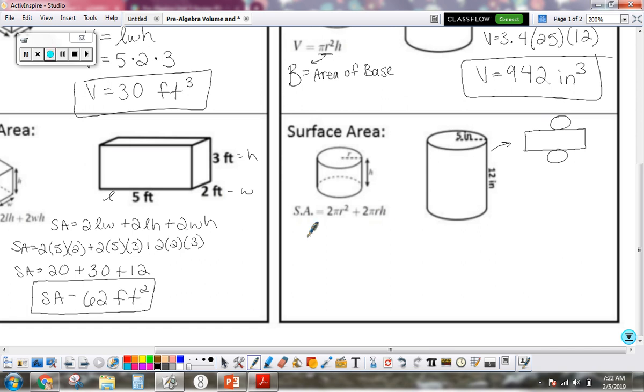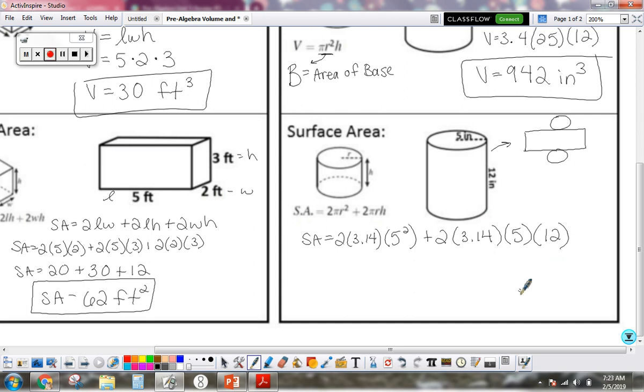So surface area equals 2 times 3.14 times our radius, which is 5 squared, plus 2 times 3.14 times our radius again, which is 5. See, that's the circumference of the circle times our height, which is 12.